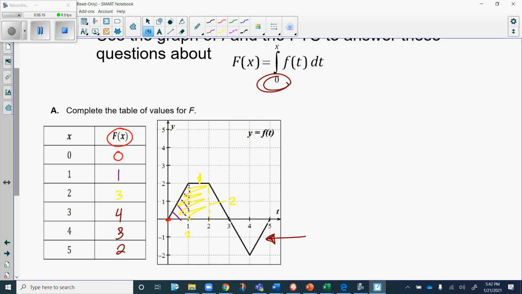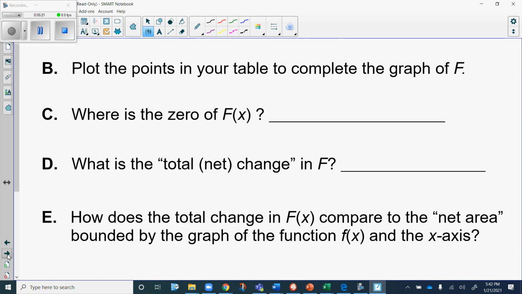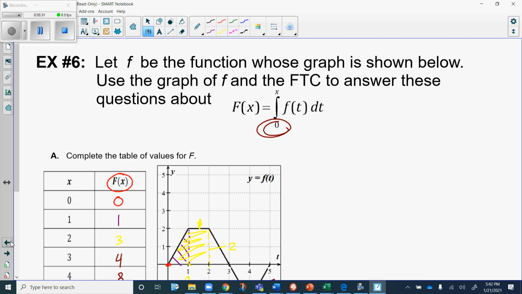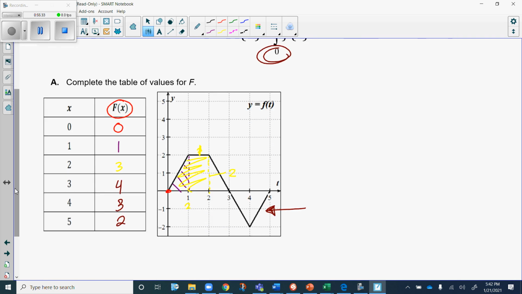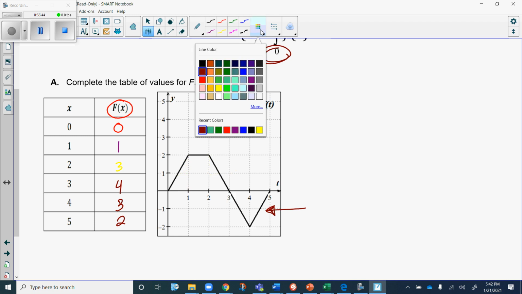So let's see what we have here. Plot the points on your table to complete the graph of the antiderivative. Well, let's go back and do that. I'll take the points directly from the table, clean this up a little bit so we have some space, and do it in blue.